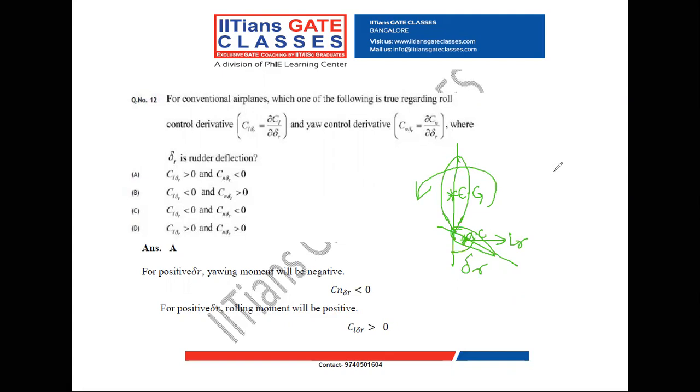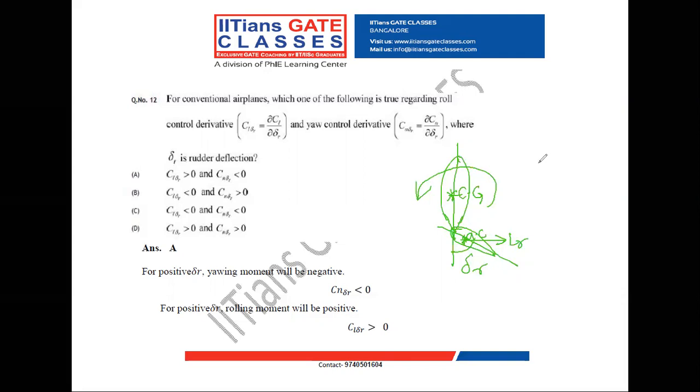That means a positive rudder deflection towards starboard creates a movement towards port side. Since sign convention towards starboard is positive, that means yawing movement towards port side is negative. So for positive rudder deflection, it creates a negative yawing moment.